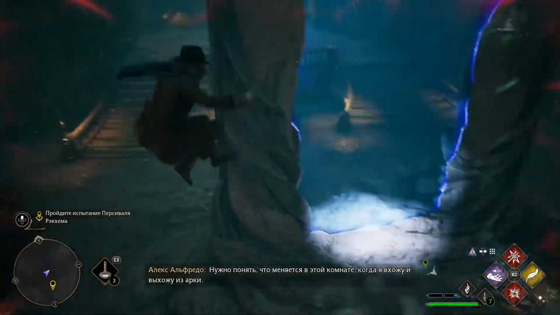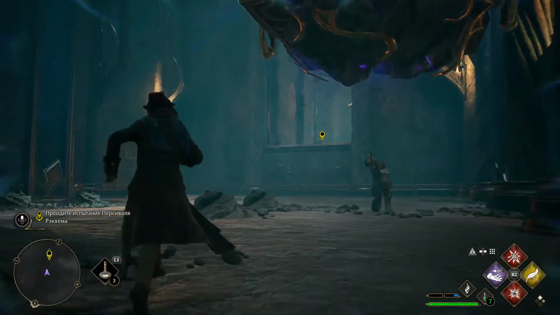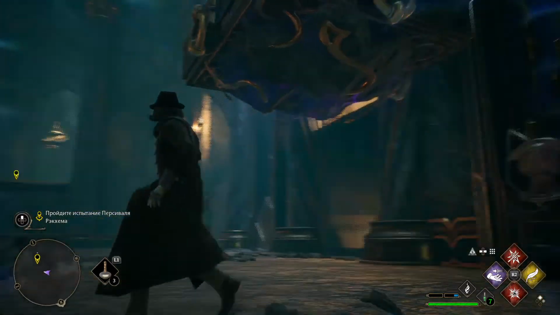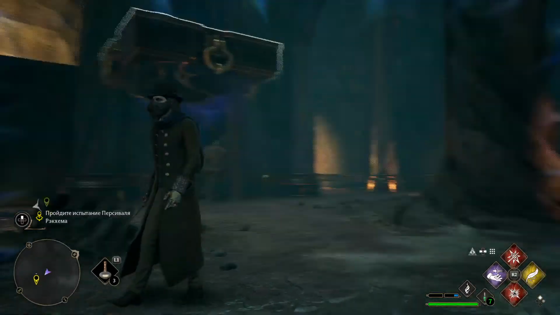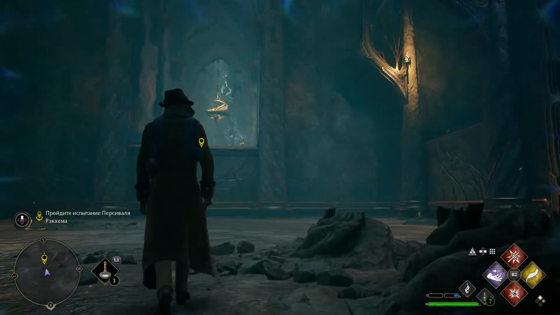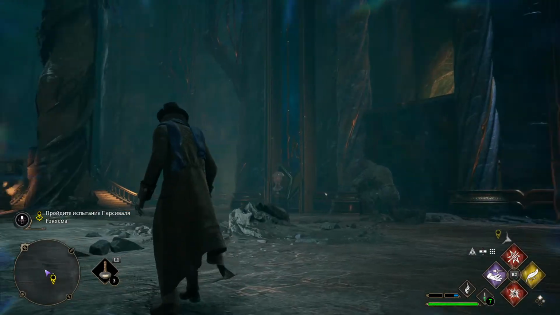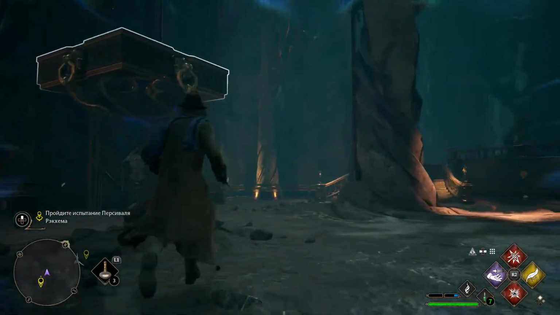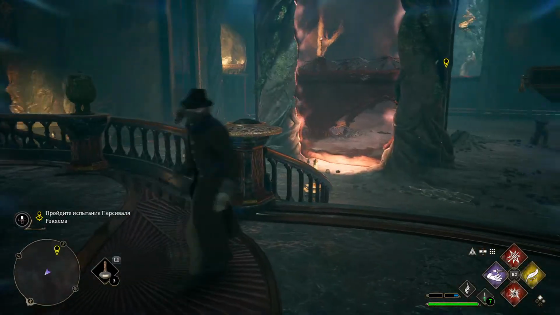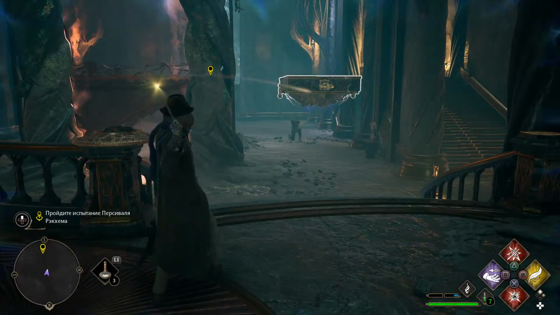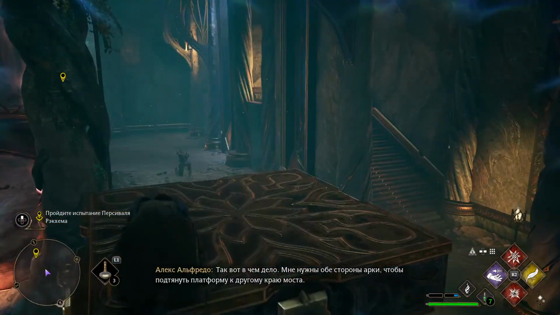I need to see how the room changes when I move in and out of the archway. So that's it. I need to use both sides of the archway to get the platform to the other side of the bridge.